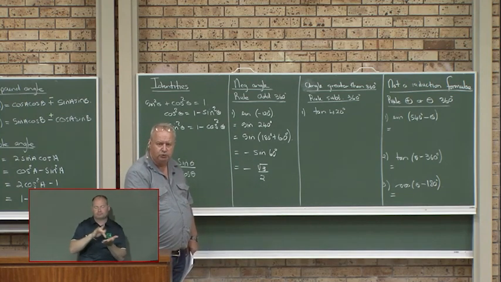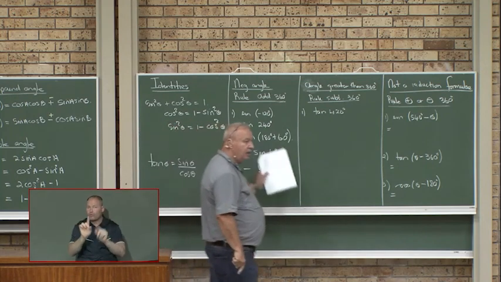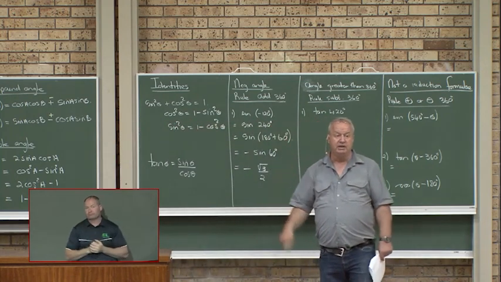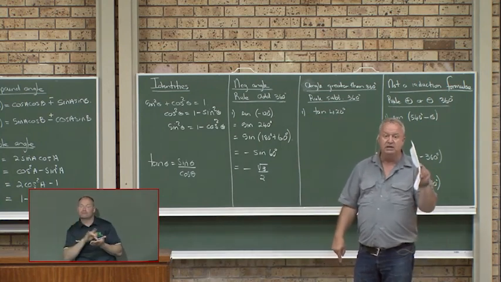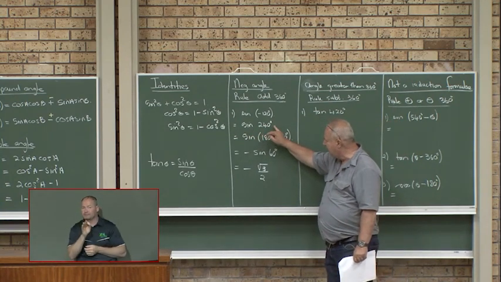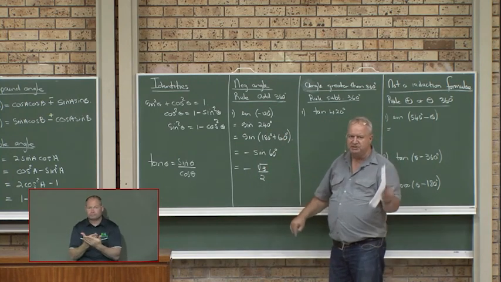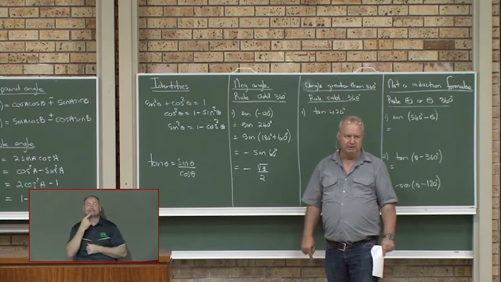Even if they say do not use a calculator, take note. Even if they say do not use a calculator, you can use it, provided you do the following. If it's sine of 240, I cannot go straight away to negative root 3 over 2, because then they say you used your calculator.